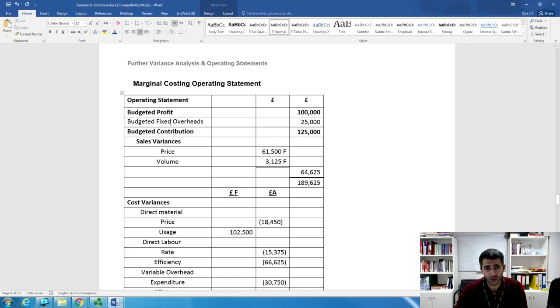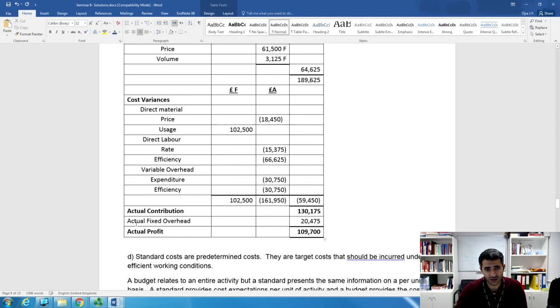And what about the other fixed overhead? This is the actual fixed overhead, which you include at the end here. But as you see from the cost variances, we don't have any fixed cost.